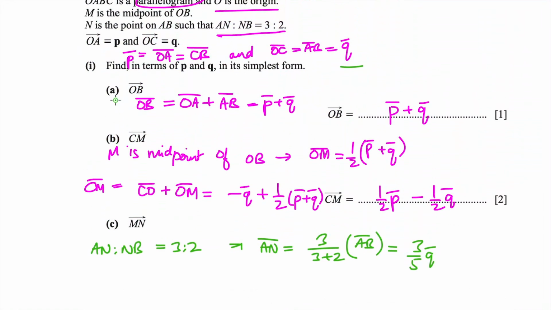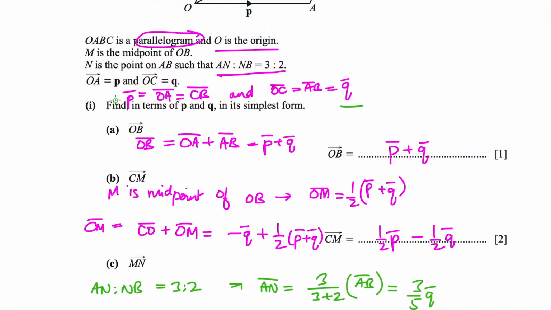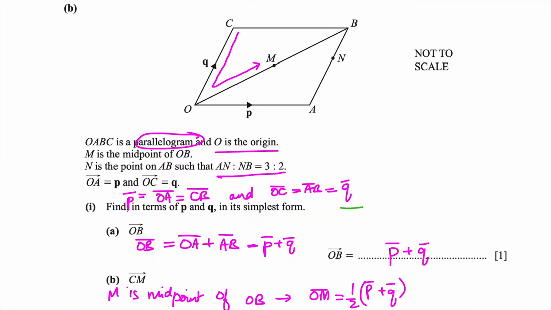Now I know AN bar. I need to write MN bar in terms of all the things that I already know. So I can write MN bar through MO, OA and AN. This is the path that I will take in this case.